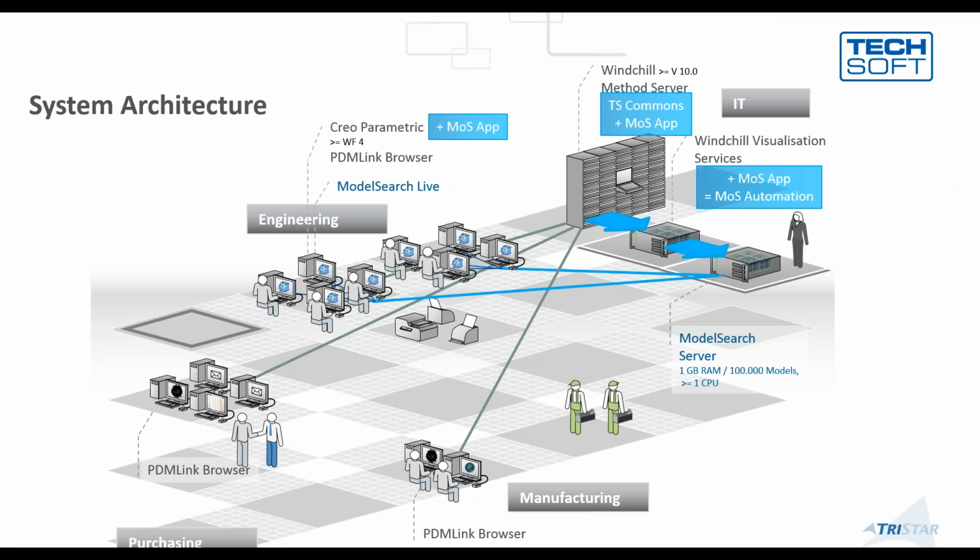Later on we show you live how that works, and to give you a final piece of information on the infrastructure, so that you can see a little bit how it works.